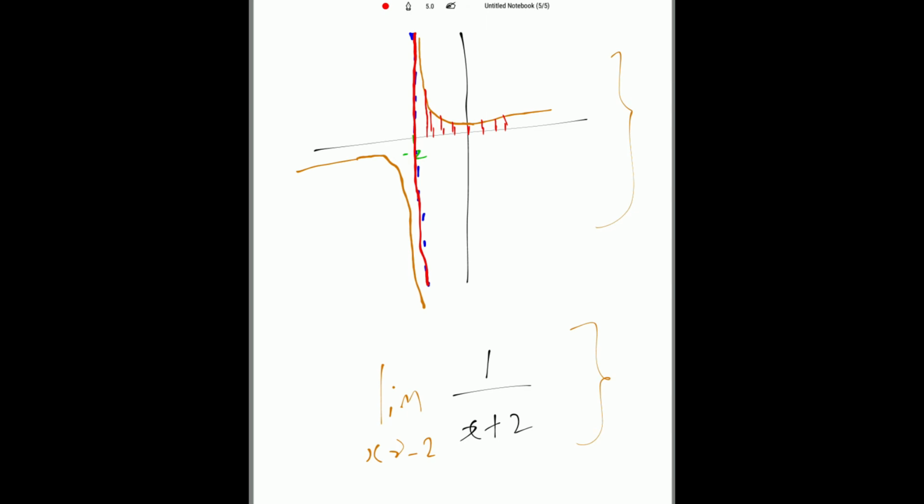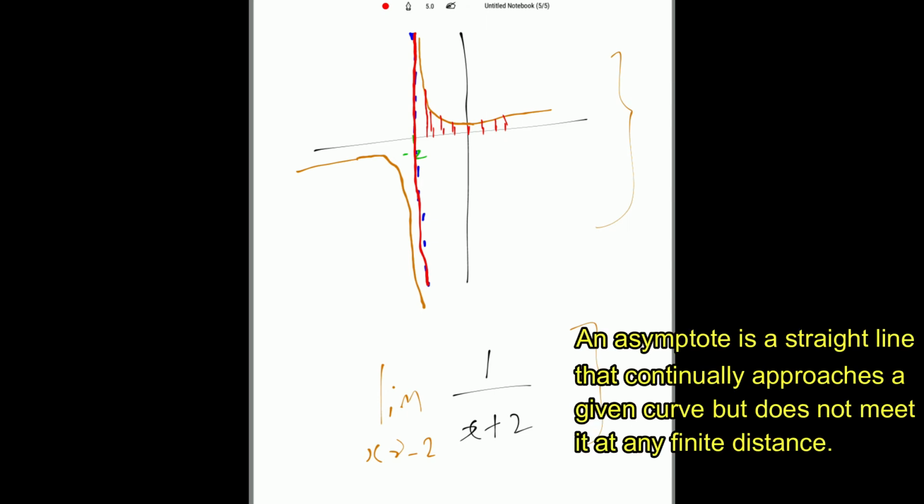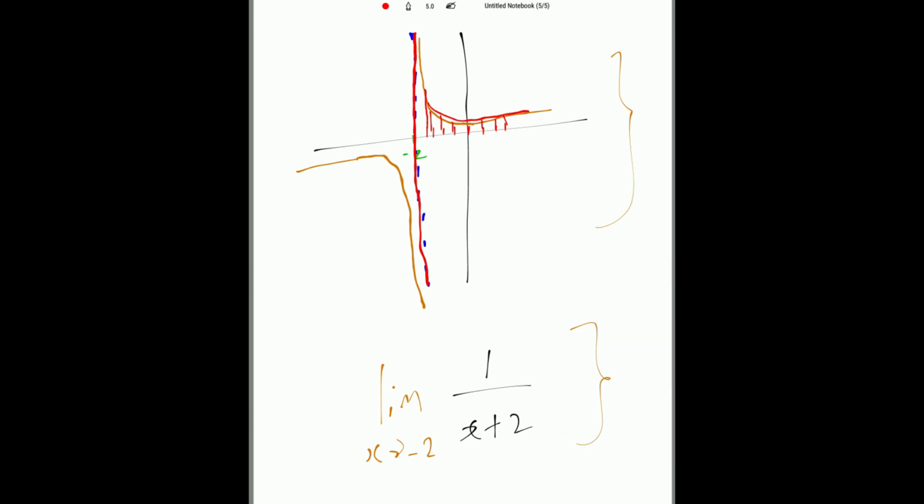Because the line x equals negative 2 is an asymptote to the curve right here. What do we mean by that? We mean that this curve is getting closer and closer to the line x equals negative 2, but it never touches it. It's like you have the line here, and you have the curve going up, going up, going up. And it will go up all the way to infinity, but it will never, ever touch negative 2.